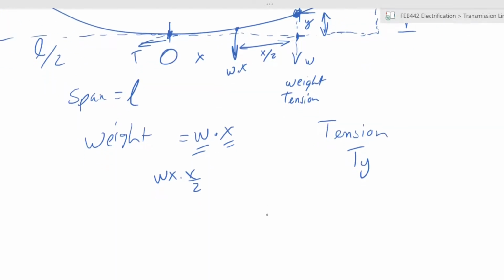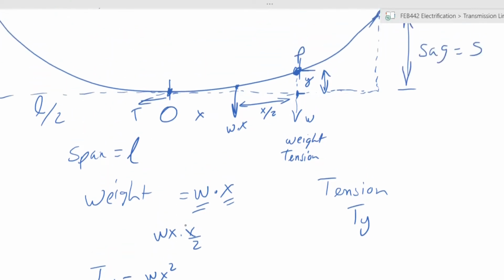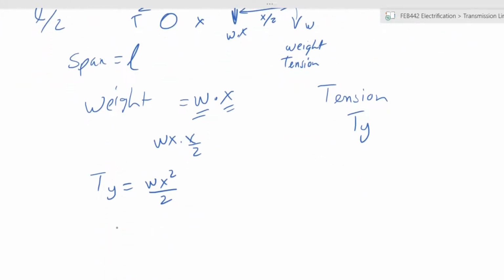Now we equate those moments. Because it is at rest in a balanced state, Ty is equal to Wx squared over 2. Those are the moments of the forces around point P. We can simplify it further by saying y equals Wx squared over 2T.